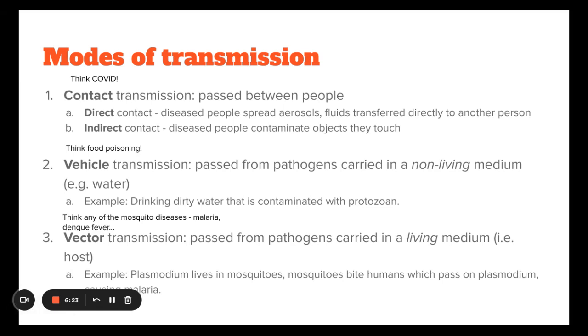So I should not confuse you with the word direct. Contact transmission is passed between infectious and infected individuals. And if it's direct, right, through spreading fluids and transferred through aerosols or fluids, direct contact. If it's something that they touch, and it's indirect, we've got vehicle transmission and vector transmission.